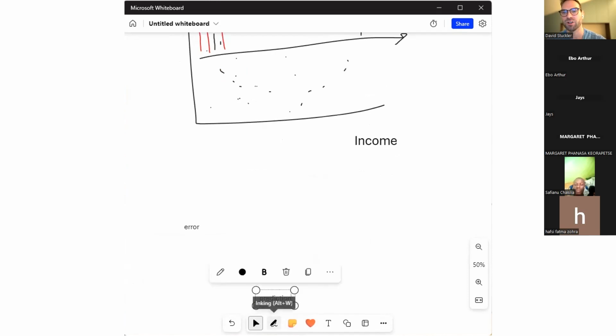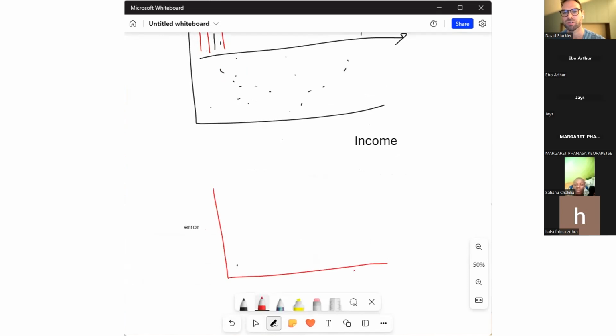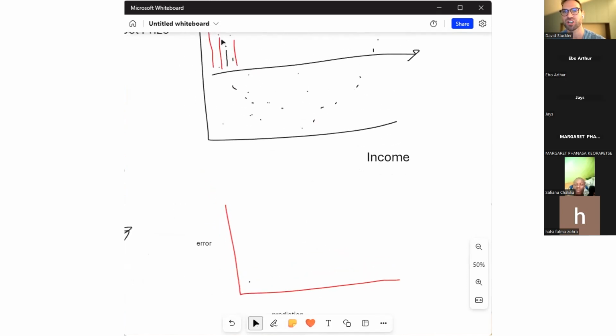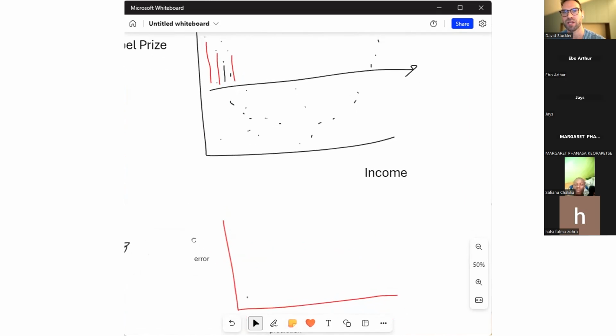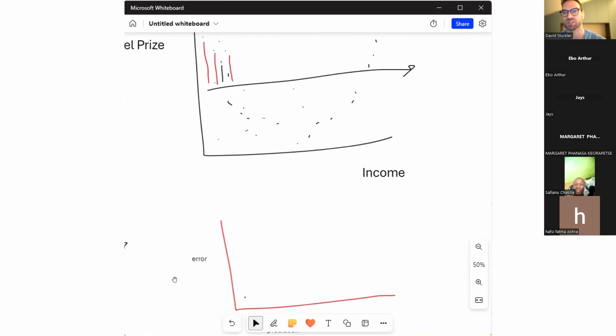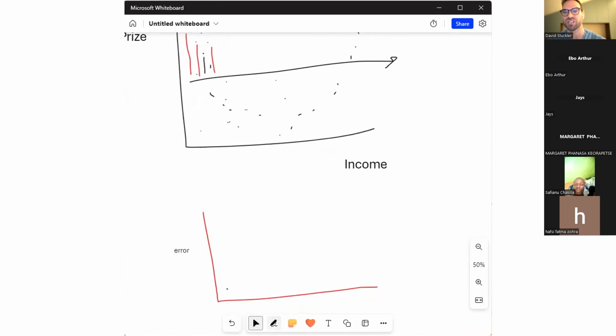What are we going to get? You're actually going to see something that does not look like it should. Your error and your prediction line, it's going to look a bit funky. You're going to see a pattern happening to this error.